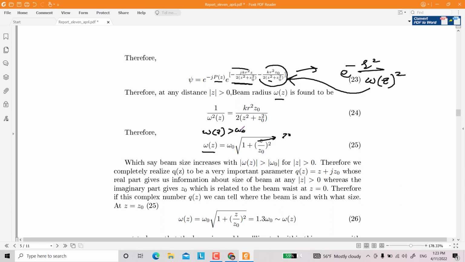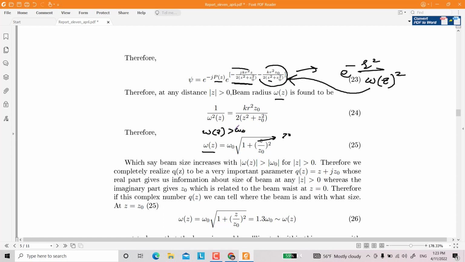So if you are moving away from Z equal to 0, whether on the right side or the left side, the beam is always going to increase its radius. The size of the beam will start increasing, and it happens.